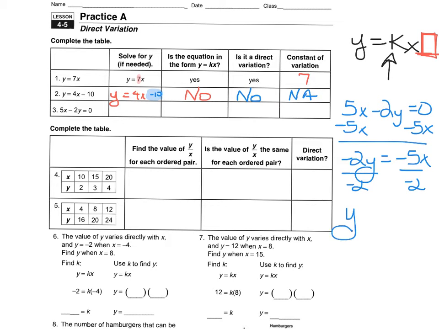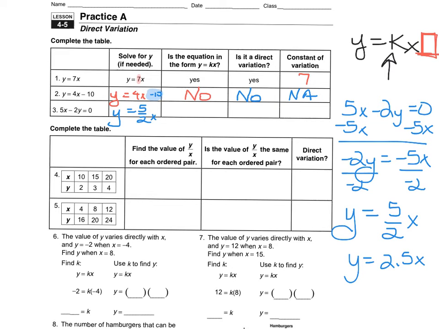Once I do that, y is now by itself, and a negative divided by a negative is a positive, and I can just leave it 5 over 2x. If you made it 2.5, that's fine. All right, so I'm just going to leave it as 5 over 2, and that's what I'm going to write in this box.